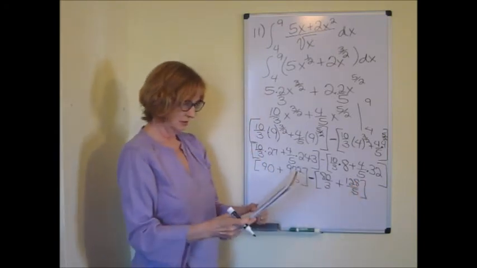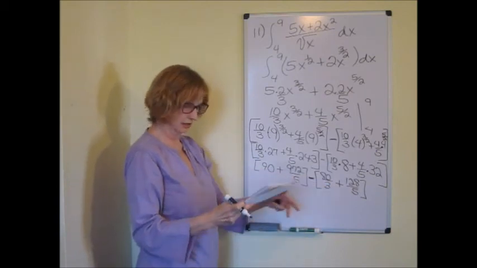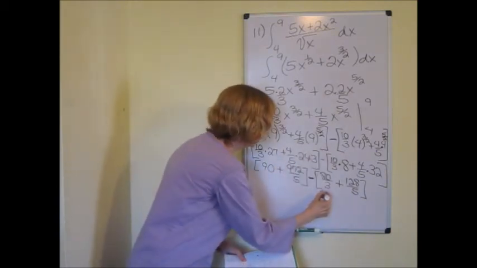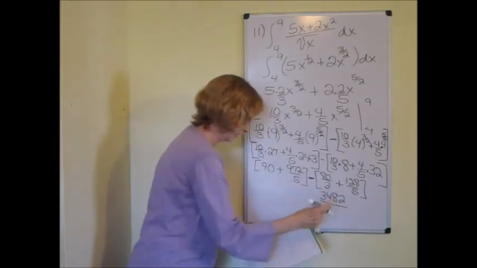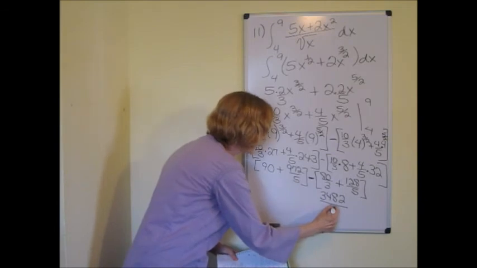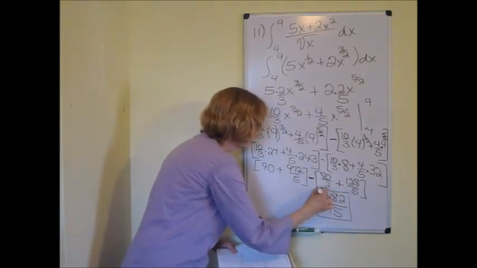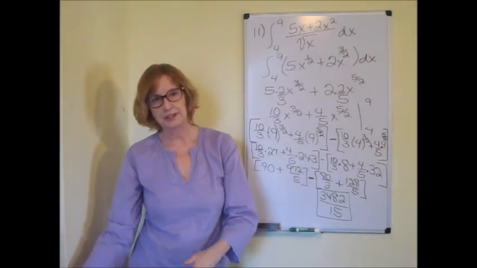Okay, and then plugging all that in, be careful to distribute the negative correctly there. I've got 3,482 over 15, and that would be your solution.